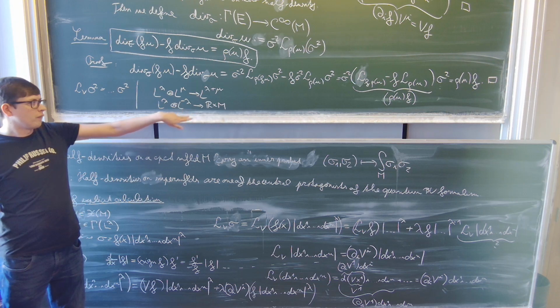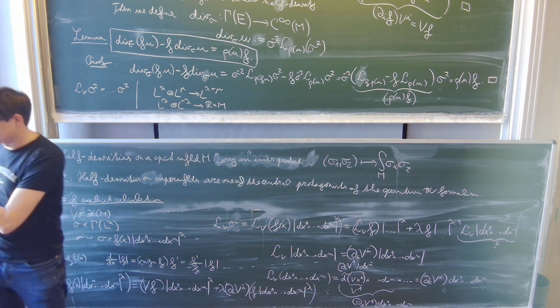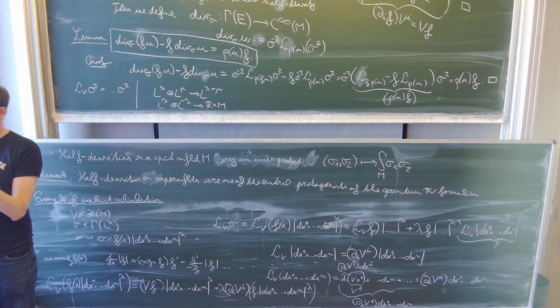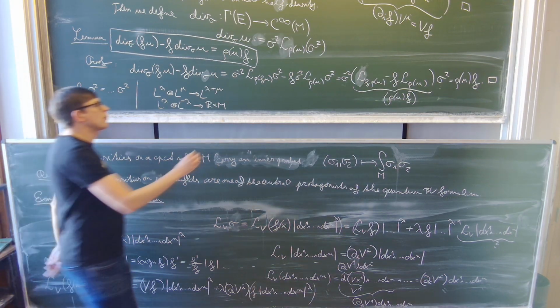In other words, if you have a one-dimensional vector space and you take a non-zero element, it's like a frame in that vector space. So you can take the dual frame, which is an element of the dual space. The L minus lambda would be the dual of L. Yes, that's true.